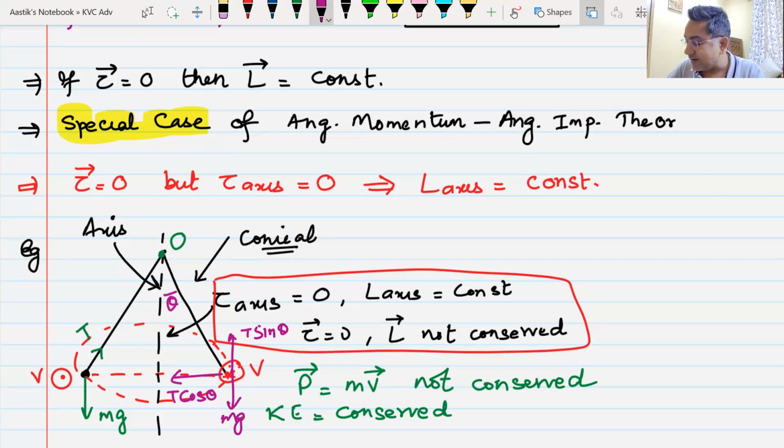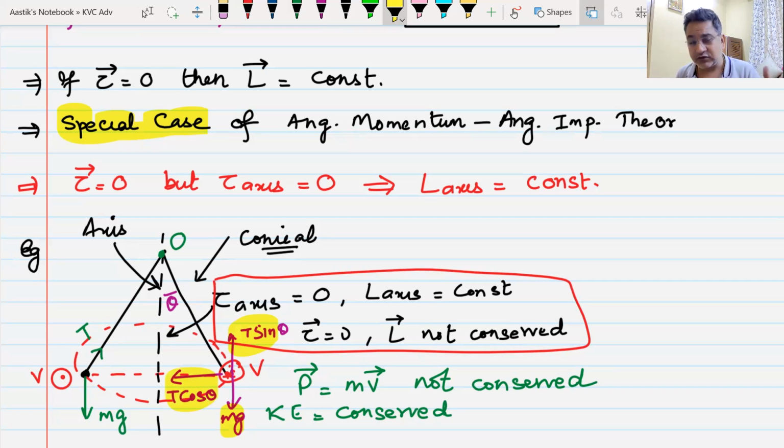Your mg and T sin theta are balancing out each other, and because of this T cos theta, your direction of velocity is continuously changing. So here momentum is not conserved.